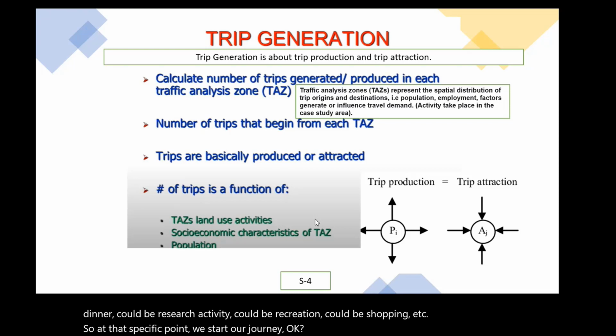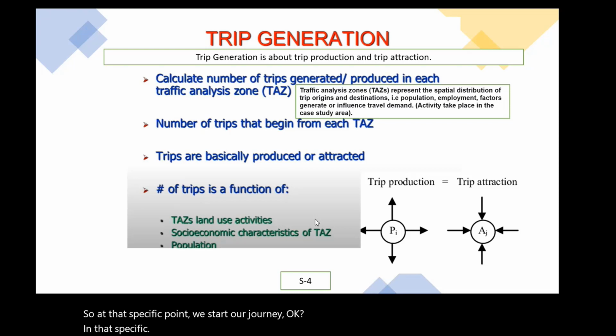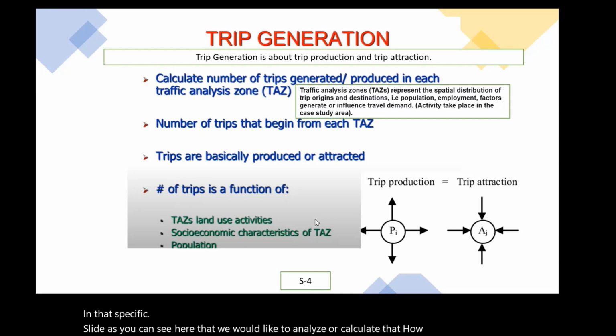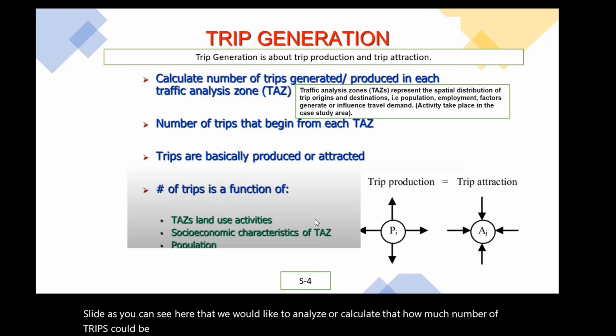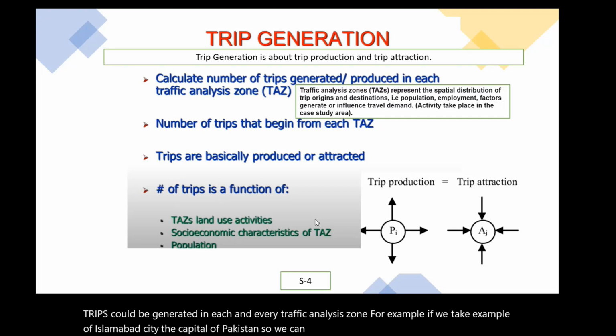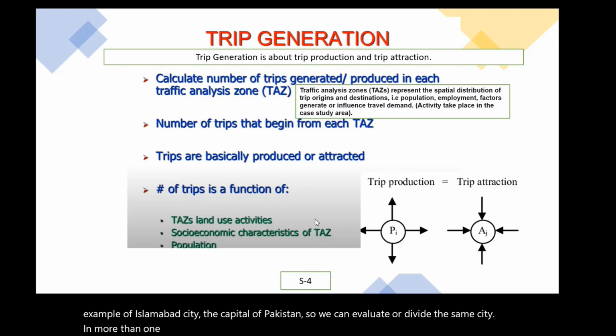In that slide you can see that we would like to analyze or calculate how many trips could be generated in each traffic analysis zone. For example, if we take the example of Islamabad city, the capital of Pakistan, we can divide the same city into more than 1000 traffic analysis zones.